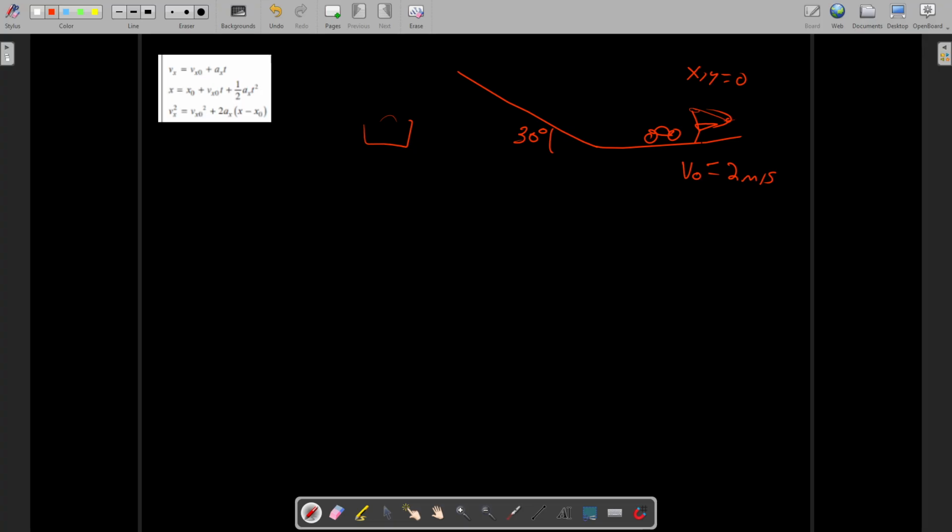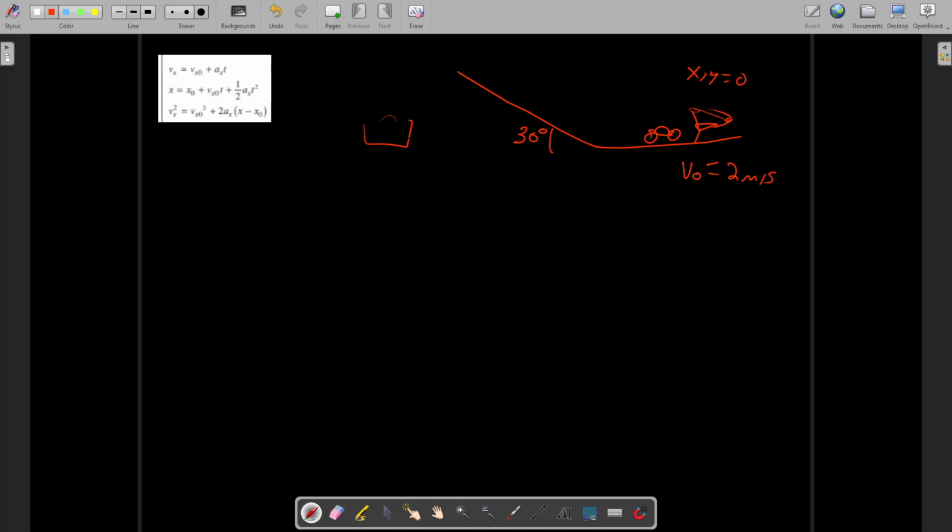You have a slingshot, and you're slingshotting the car at an initial velocity of 2 meters per second. That's what the V0 means. The slingshot, or where the car starts, is at x and y equal to 0. And this ramp is angled 30 degrees up.